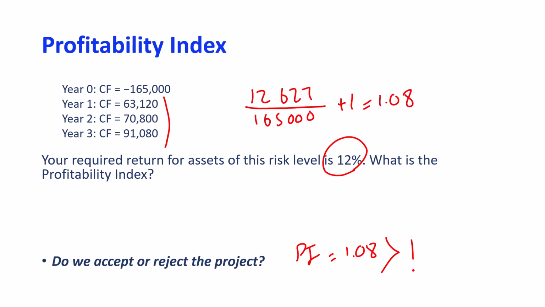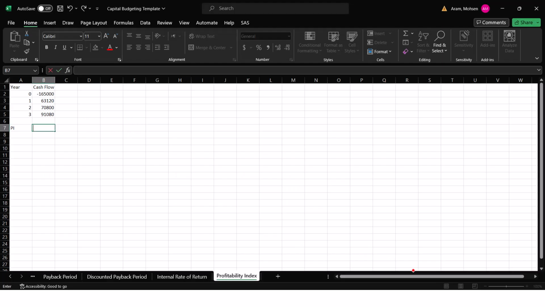Let's look at it in Excel. So for the profitability index in Excel, we just go ahead and calculate the NPV. As you recall, for NPV, we just use 12%, and we just use the cash flows from year 1 to year n.